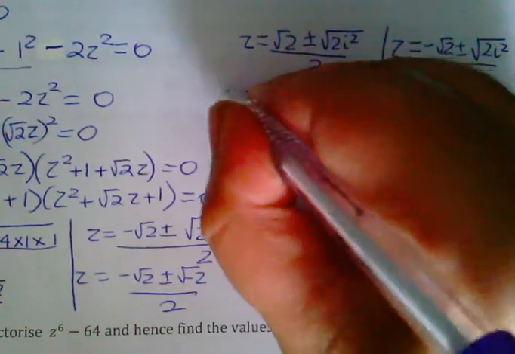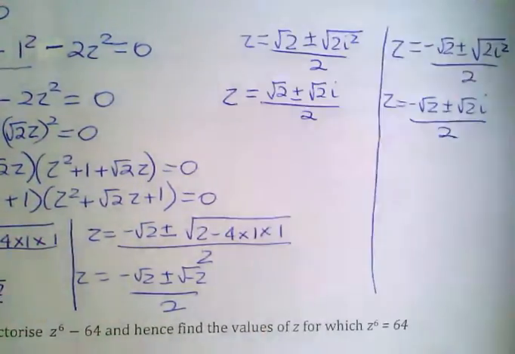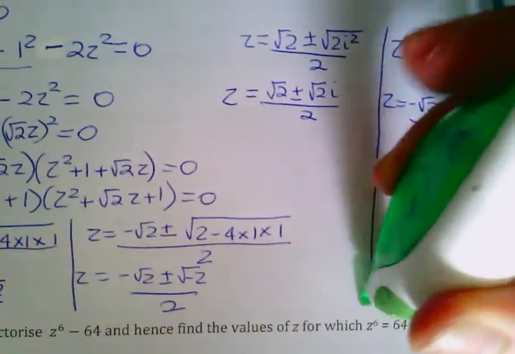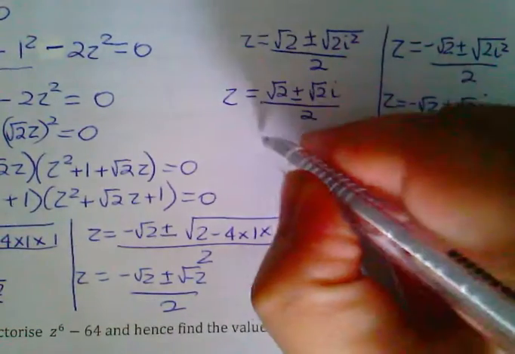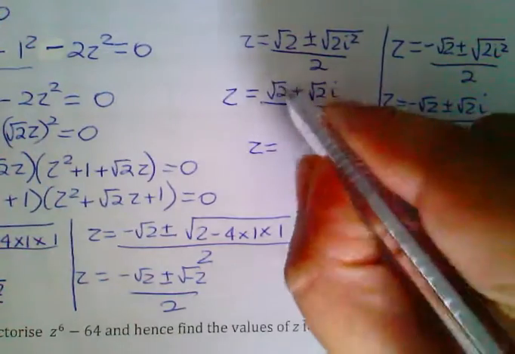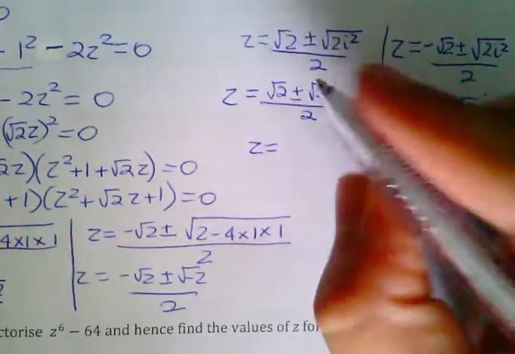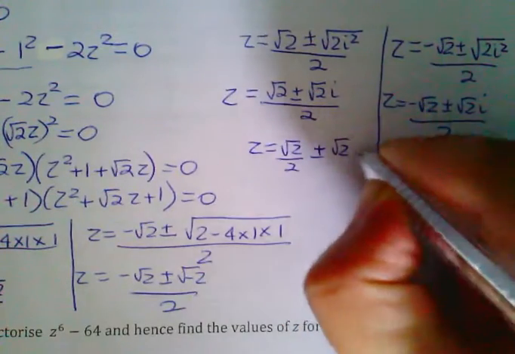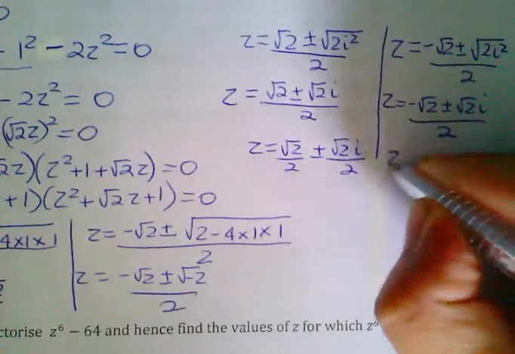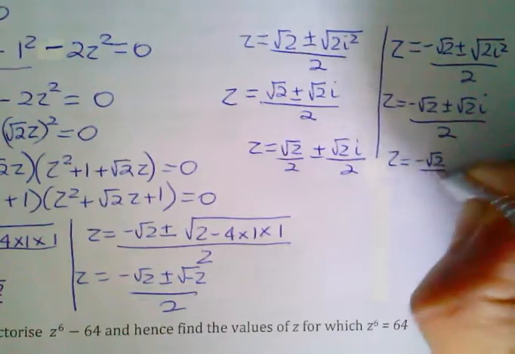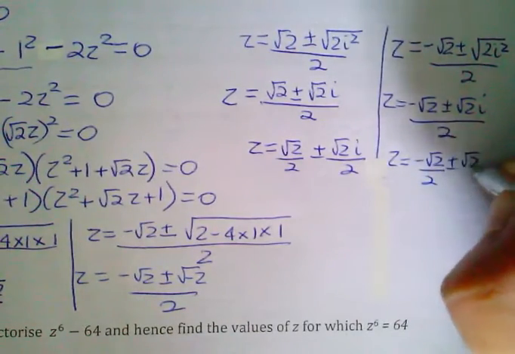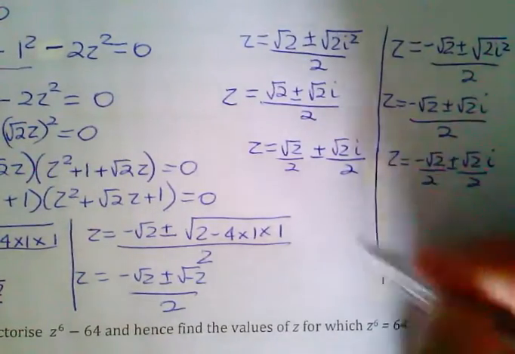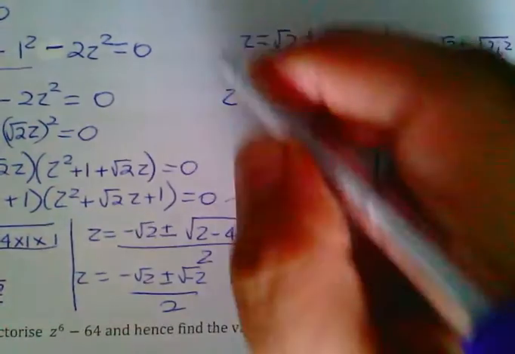And writing these as the four roots, we've got z equals root 2 over 2 plus or minus root 2i over 2, and here we've got z equals negative root 2 over 2 plus or minus root 2i over 2. Now, just one more line.